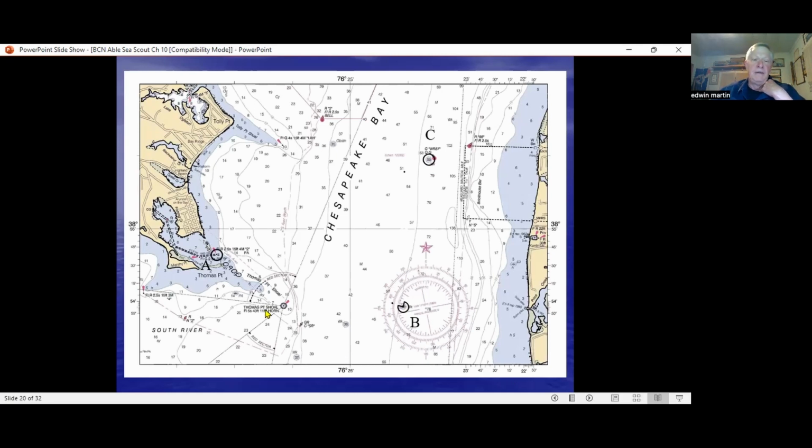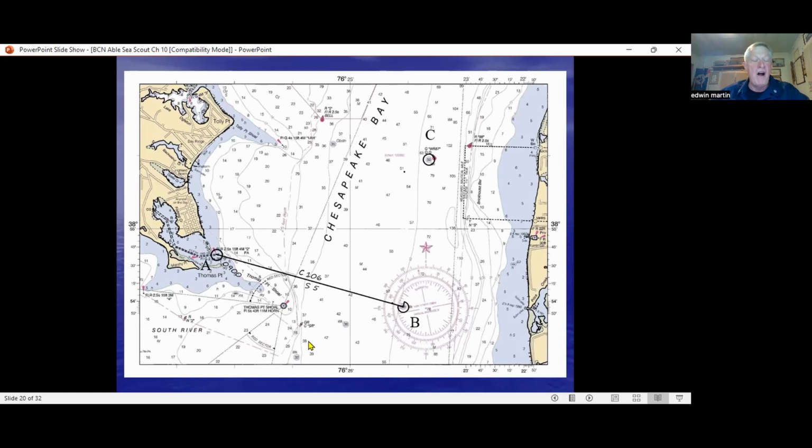But we start off at 0900. We draw the line from A to B, and that course is 106 degrees true, and our speed is going to be 5 knots. Okay, how long is that line? Well, that line happens to be 2.6 nautical miles.